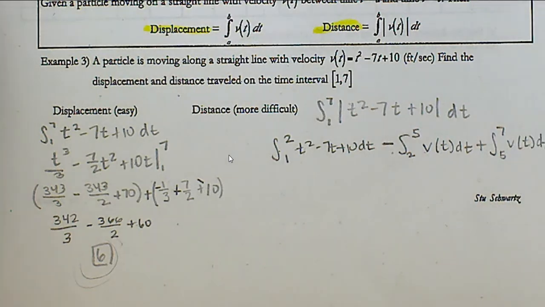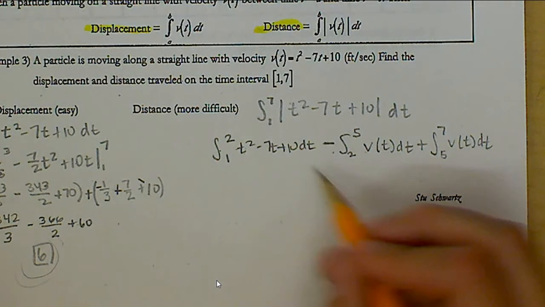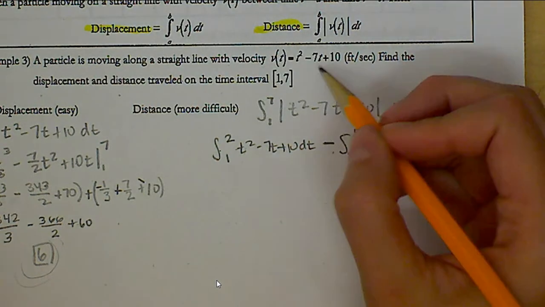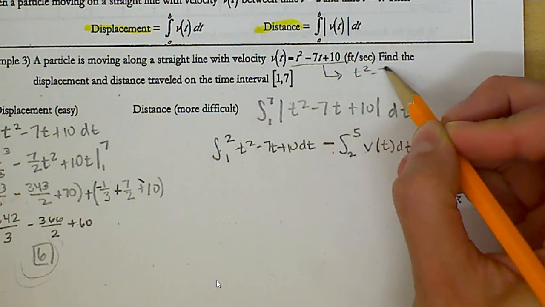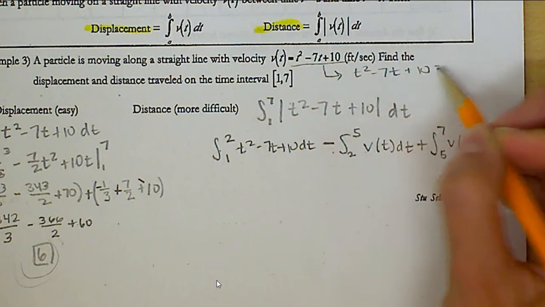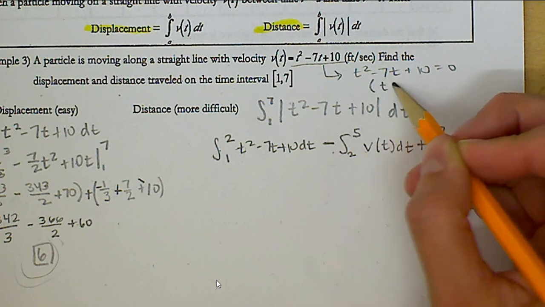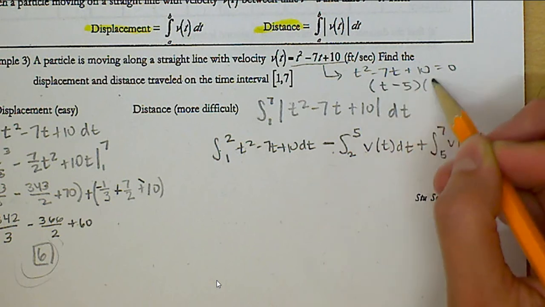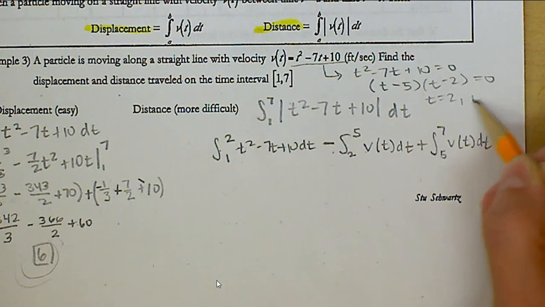Okay? If you don't have a graph, it's not hard to know what those points are. You have to find them algebraically. So you would take this, set it equal to 0, and factor. And you get t minus 5 times t minus 2. So t equals 2 and t equals 5.